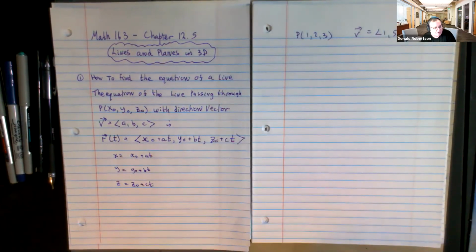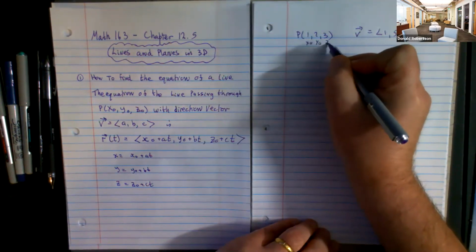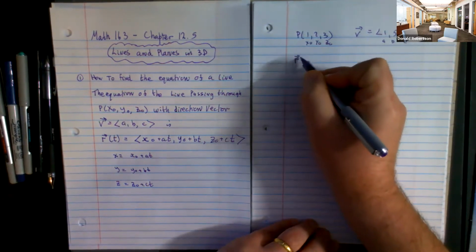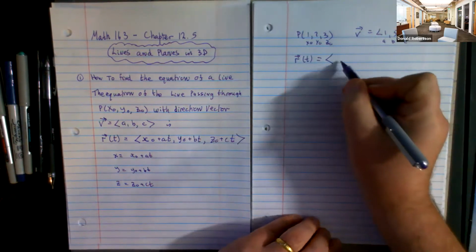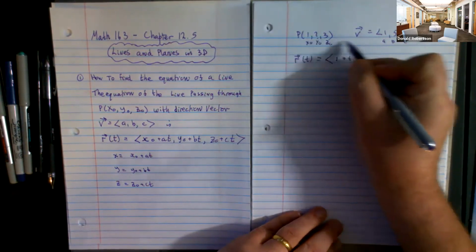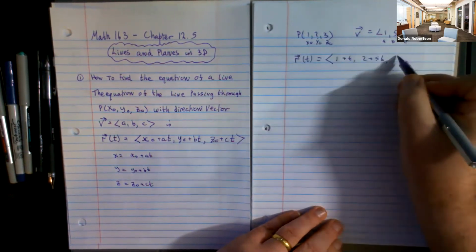Now, if they gave you that, aren't you basically good to go? You don't need to do much. Everything you need is here. This is the x naught, the y naught, and the z naught, and this is the ABC. I'm going to do the vector equation format for the equation of a line just because it's a little bit easier. It's 1 plus 1t, 2 plus 5t, and finally 3 take away t.